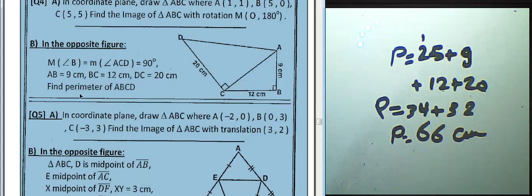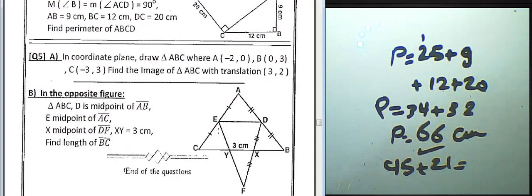So if you want to find the perimeter of any quadrilateral or pentagon or hexagon, you must add all sides which are outside the shape. AB plus BC plus CD plus DA. 9 plus 12 equals 21. And here 20 plus 25 equals 45. 45 plus 21, the result will be 66 as you like.